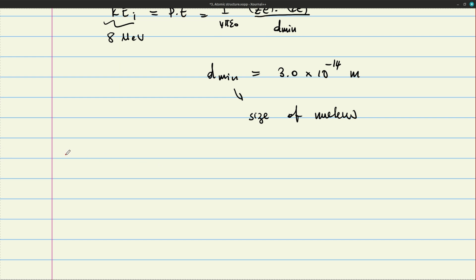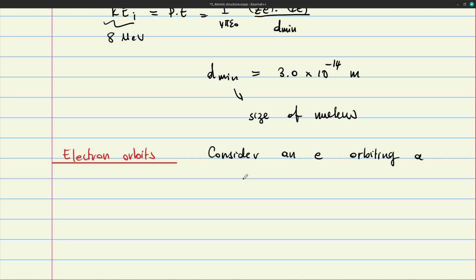Now we can think about electrons orbiting this small size nucleus. Let's consider electron orbits. So consider an electron orbiting a tiny nucleus.